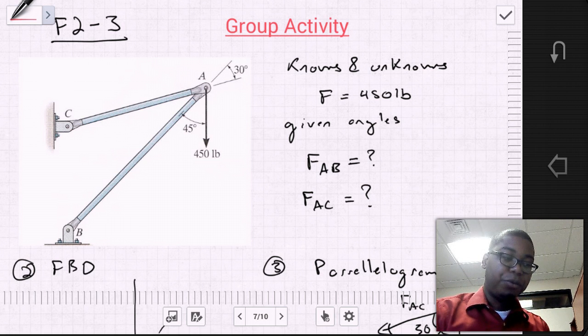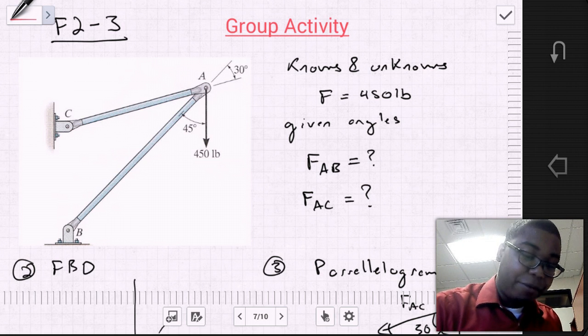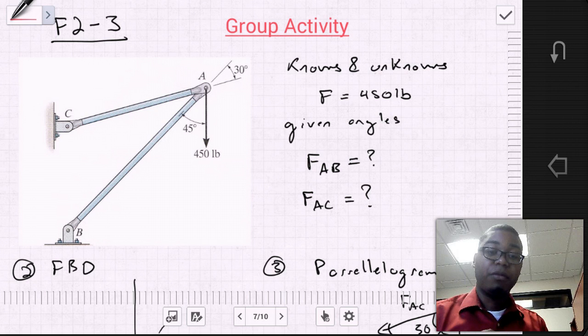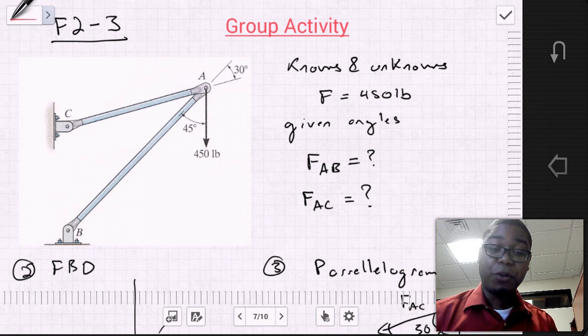So similar to the previous problem, you have a given direction, so the direction AB and the direction AC, where there are components, and you need to resolve the magnitudes of those components. So of course, the first thing you do is start with your knowns and unknowns. You know that the force resultant is 400 pounds and it's directed in the negative y direction.